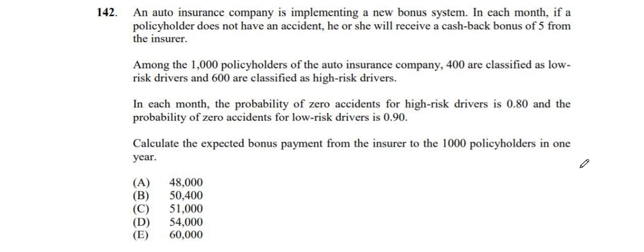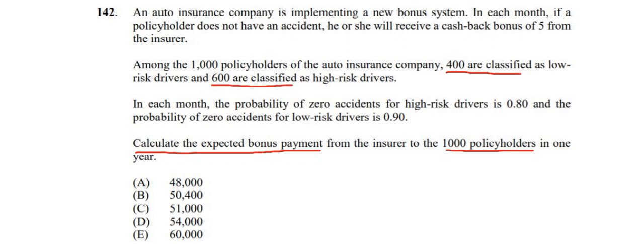Okay. So here we want to calculate the expected bonus payment. We want to find the expected payment for those 1,000 people. Among those 1,000 people, we split into 2 parts, 400 and 600.